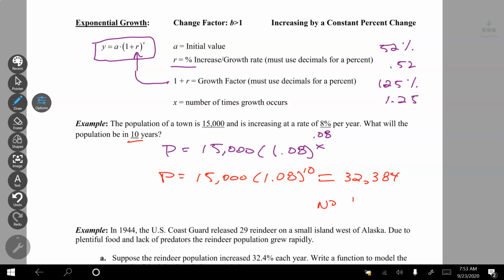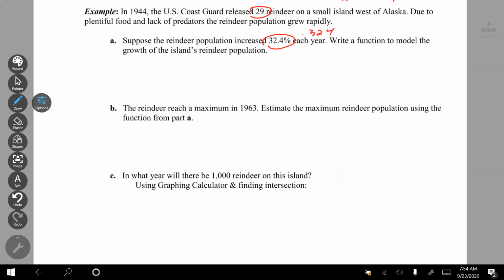No decimals for population. There's no such thing as 384.6 people. No decimals.